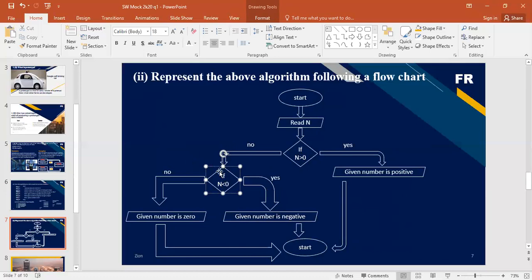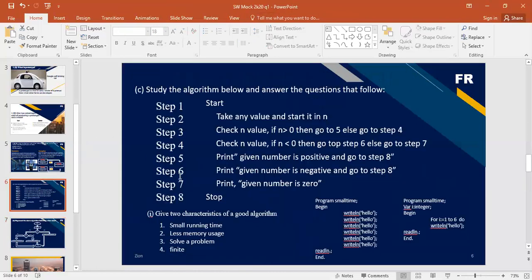Else, if it's not less than 0 and it is not greater than 0, it obviously means it is equal to 0, which is the no part of this statement. And when it's equal to 0, the algorithm will print given number is 0. Then from here, it ends. All algorithms need to end because it's a step-by-step representation of a method to solve a problem. So it starts here and it ends here.